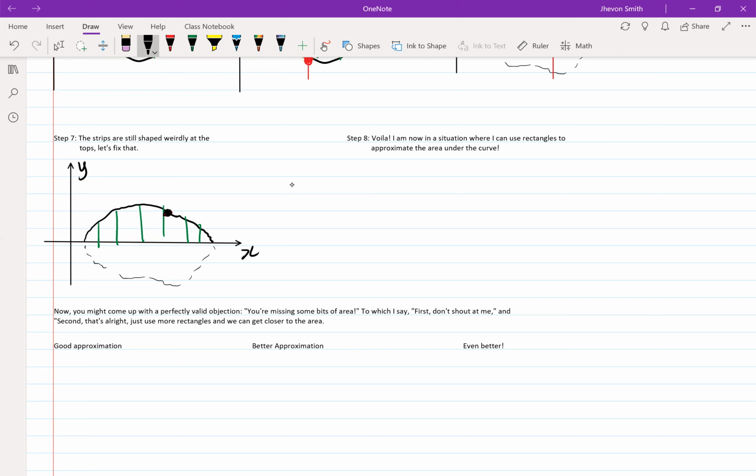The idea is to get nice shapes so that we can figure out exactly what the area is without too much trouble. As it stands, look at this shape right here. Look how the top of it is. It has a very irregular shape along the top. So what we would do here is try to make it a little nicer. Slice straight across, horizontal lines across. Now what you'll notice is our shapes are rectangles.